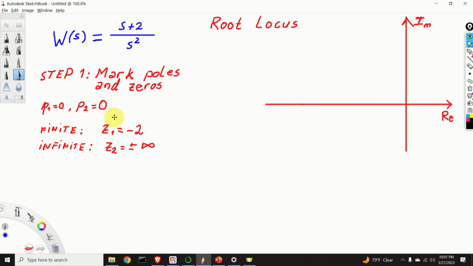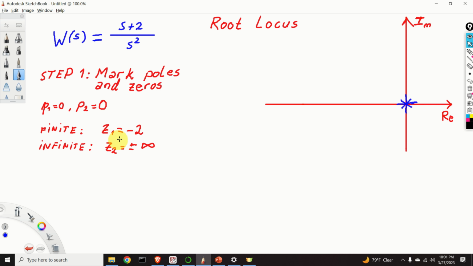Next, let us mark or draw the poles and zeros on our diagram. Since we have two poles, I need to have two markers for the poles. Here's the first pole, and here's the second one. Both of them are at 0. How about the finite zero?